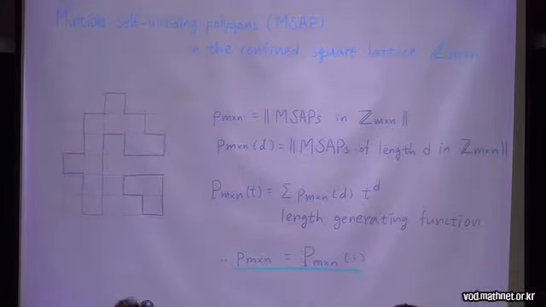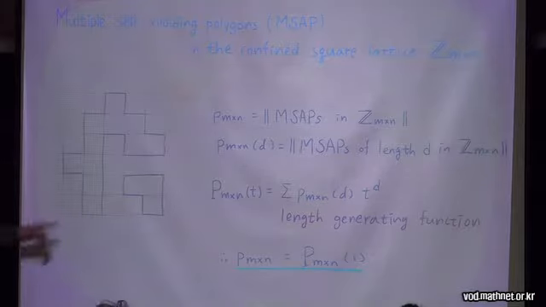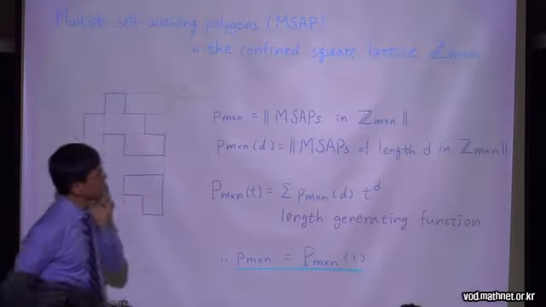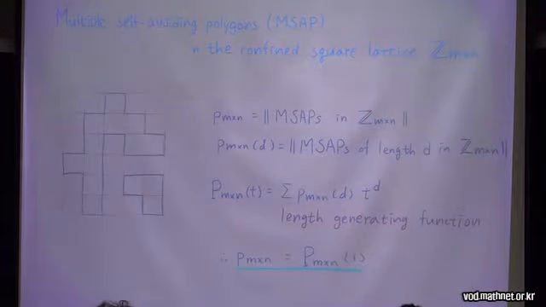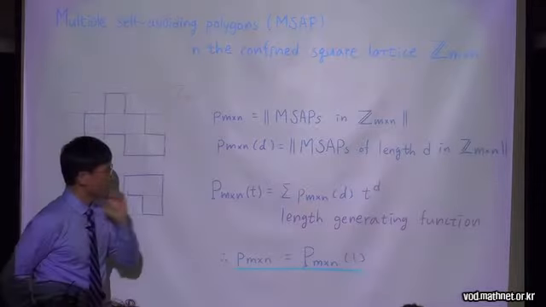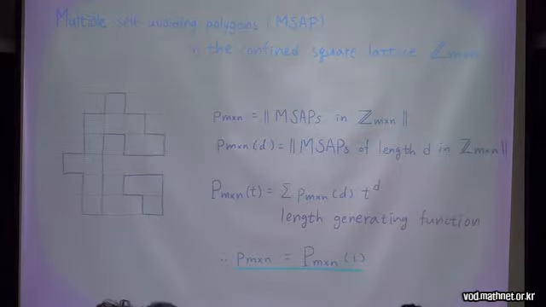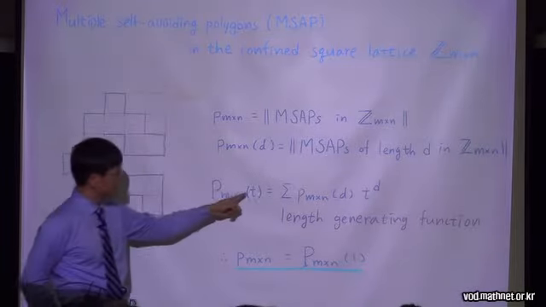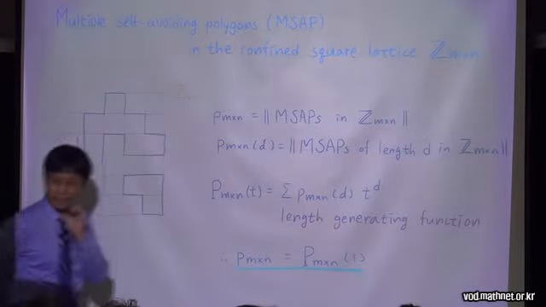Small p_mn is the total number of multiple self-avoiding polygons in G_mn, and p_mn,d is the number of polygons with length d. Large P_mn(t) is the length generating function. Here, if I put 1 for t, then we get small p_mn.